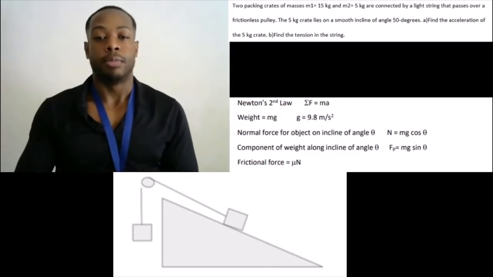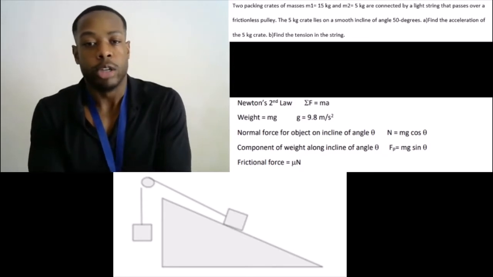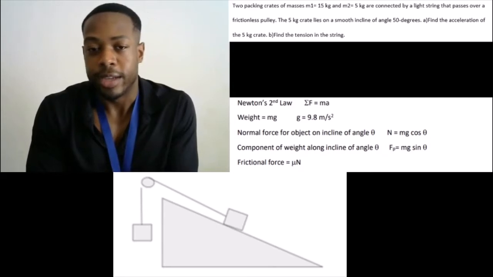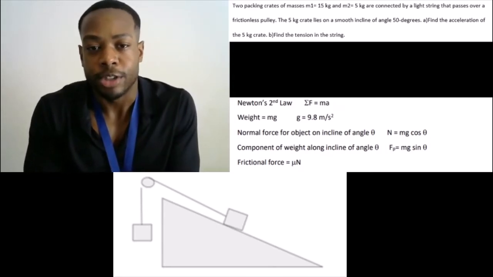And we want the x component of the weight. We know what the weight is, mass times gravity. We've got all that information, so take your time to finish your Newton's second law equation.